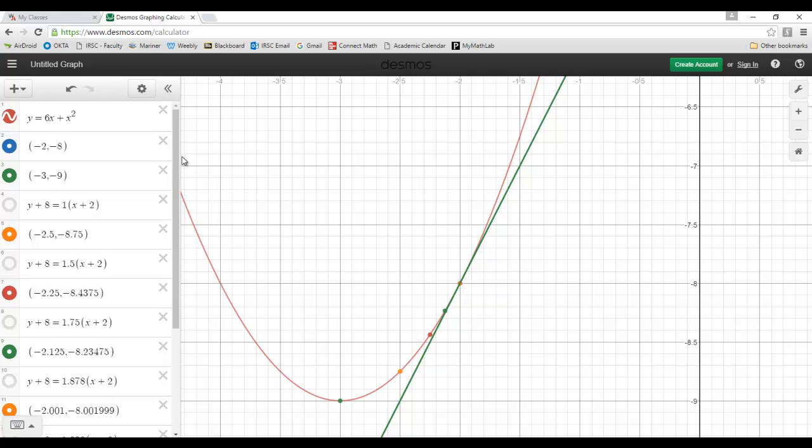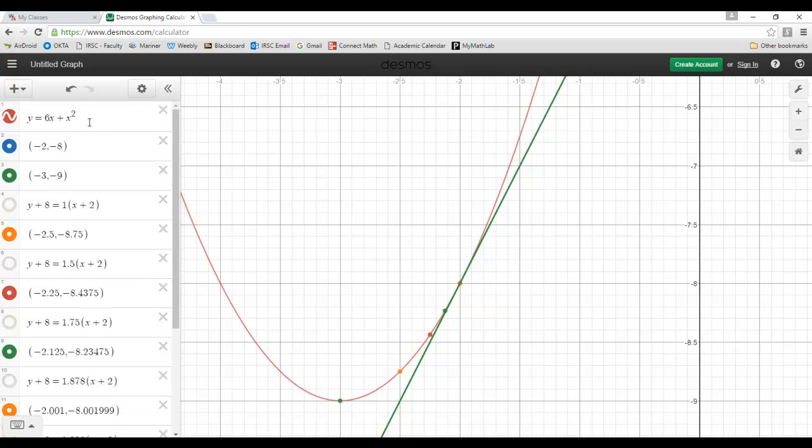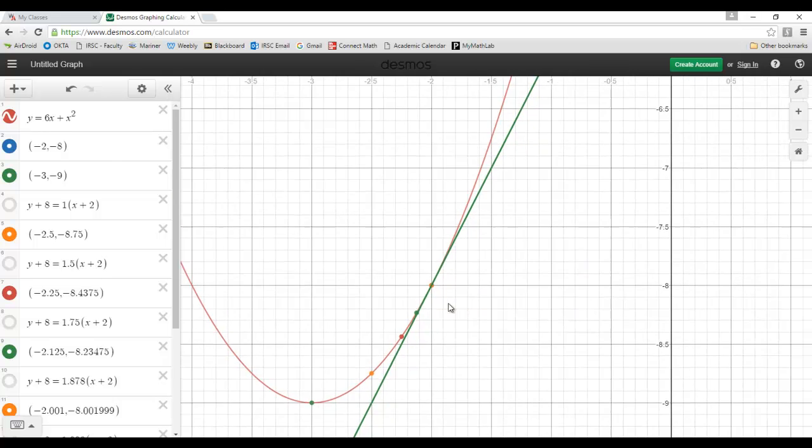I'm not sure how long I've spent here, maybe 30 minutes talking about this, maybe less. We'll be able to find this in a few weeks, probably 3 weeks or so, in Chapter 2. We'll be able to find the slope of the tangent line at this point in 30 seconds, a minute. It'll be so easy. That's what calculus does for us. Without calculus, it takes a little while.